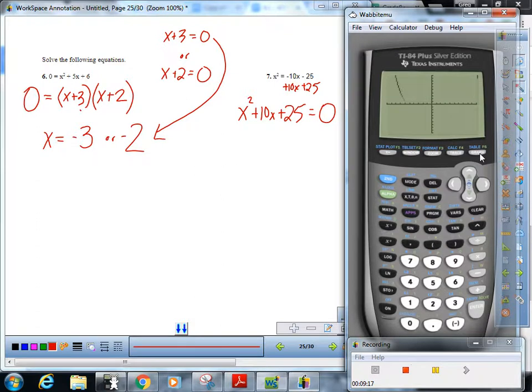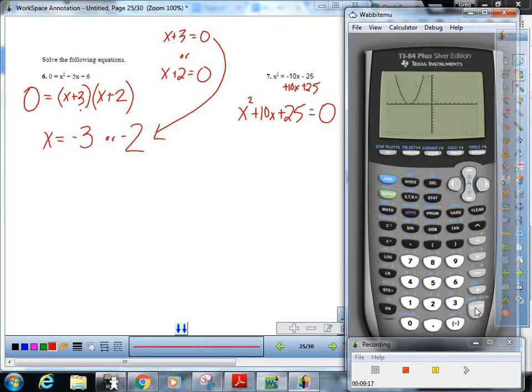Okay, so looks like we might only have one answer for this one, and that happens, okay? So let's calculate it. We want to calculate our zero. Here comes my water bug. Get it on this side. Hit enter. Put it on this side. Hit enter. Take a guess in between.